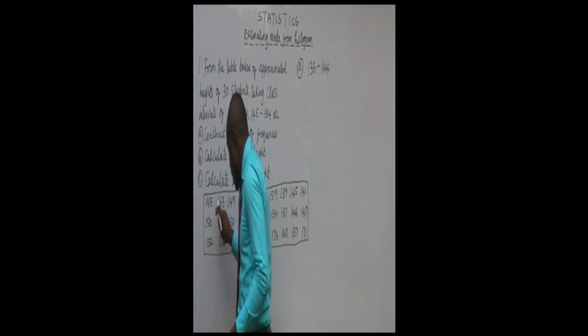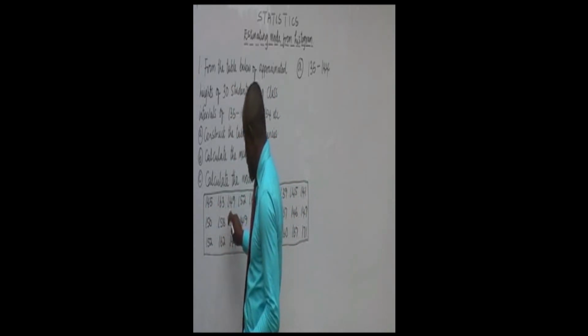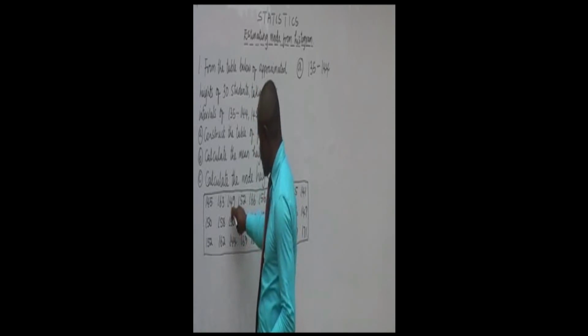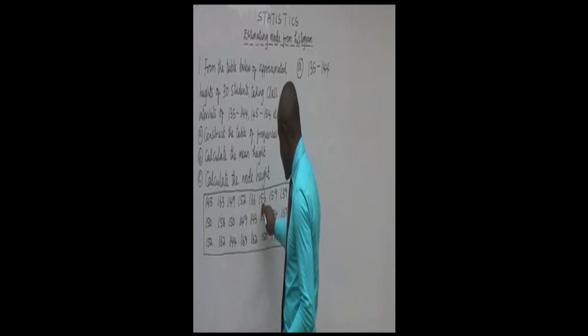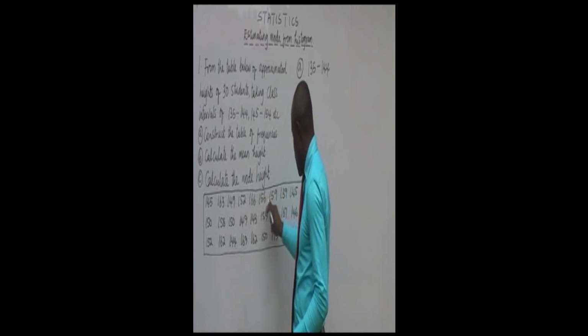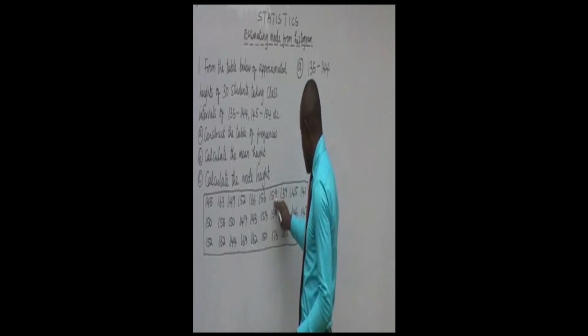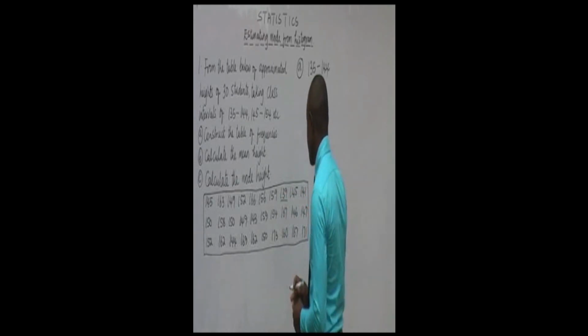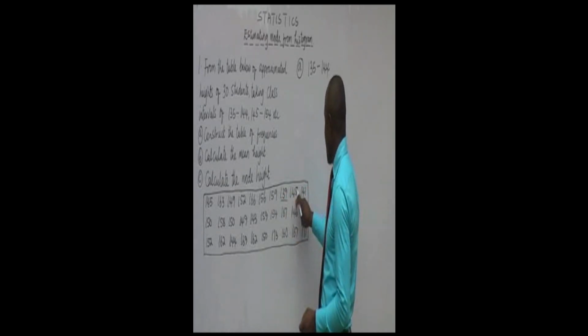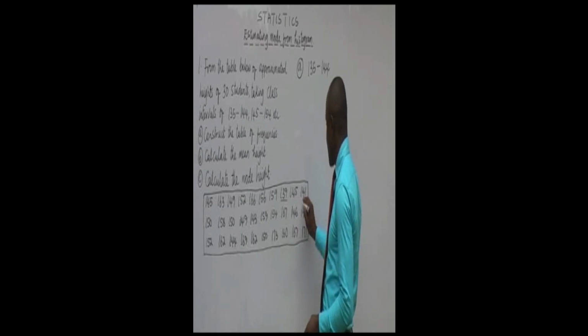This is more than this. 135, 144. You can see that this is among it. So just put a mark under it. 135, 144. This is among them.